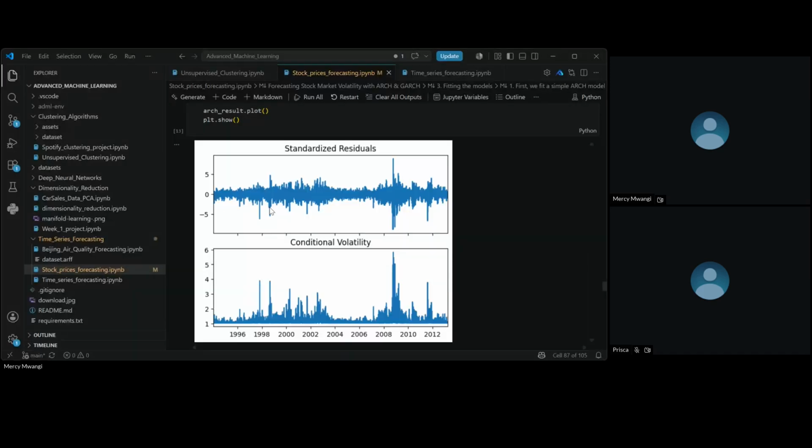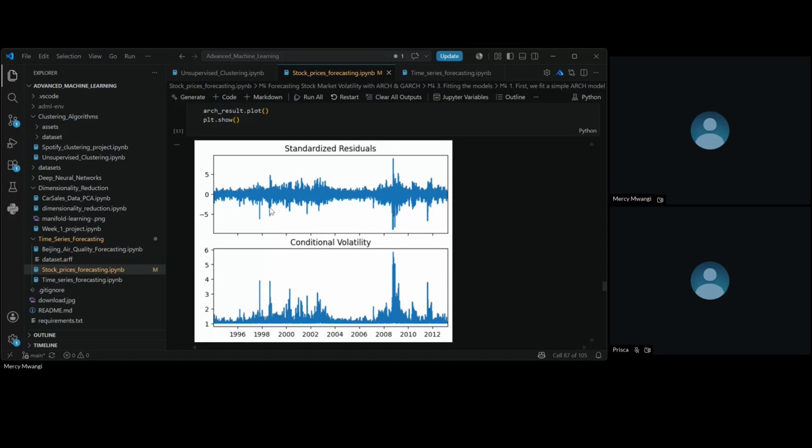What did we say is the importance of looking at standardized residuals, and how should they look? They should have no pattern. Exactly. And what does it mean when it has patterns? It hasn't captured that temporal dependence.